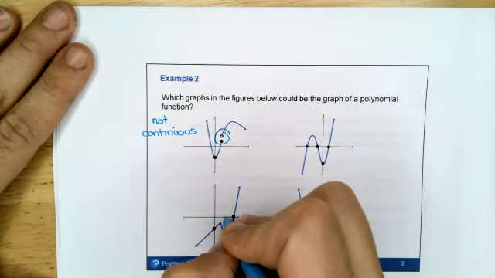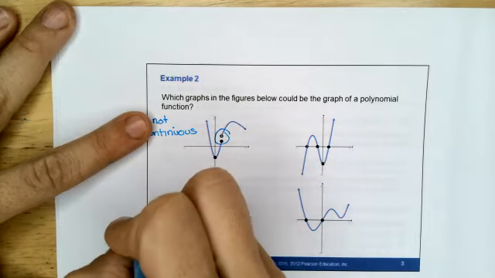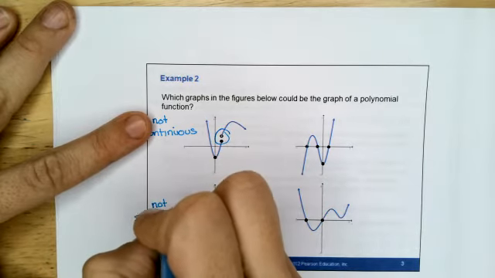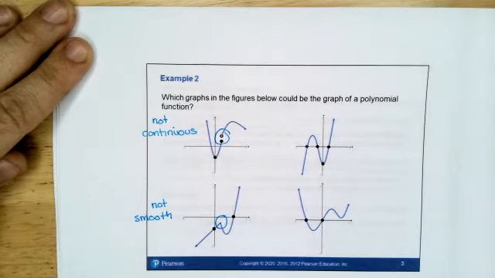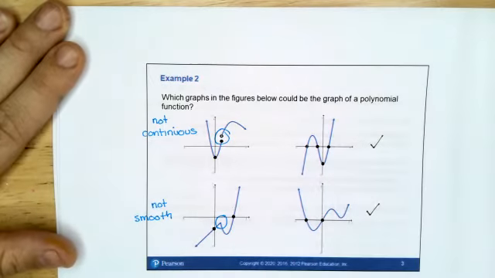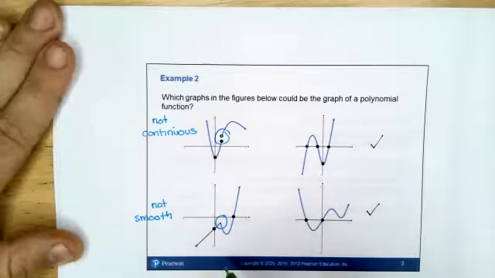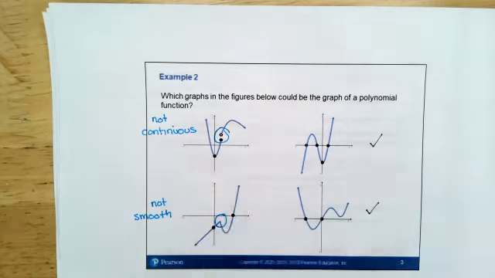This one, not smooth. These two could be the graph of a polynomial function. These two could not be the graph of a polynomial function because they are not smooth or they're not continuous. They have a gap in them. Good.